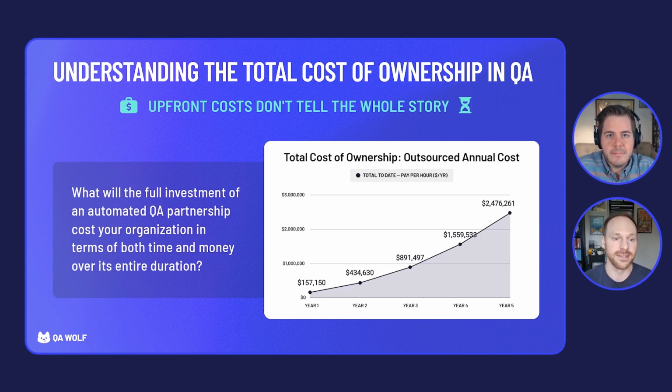While these are valid considerations, they're really only scratching the surface of what you'll be paying for in the long term. Focusing solely on these metrics often misses what's really involved in paying for labor when you're paying for a QA solution to come to your organization. So they're not really telling the whole story.